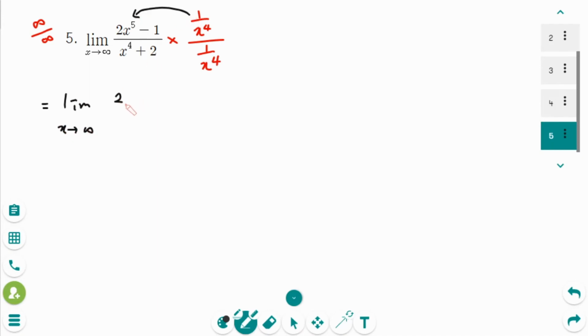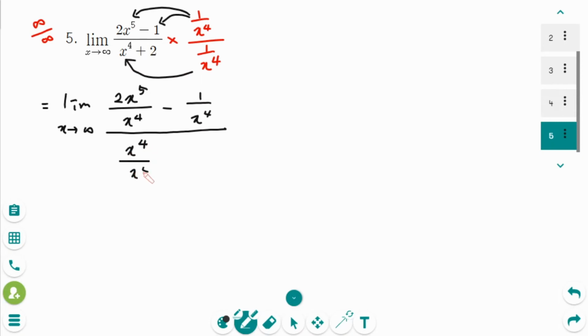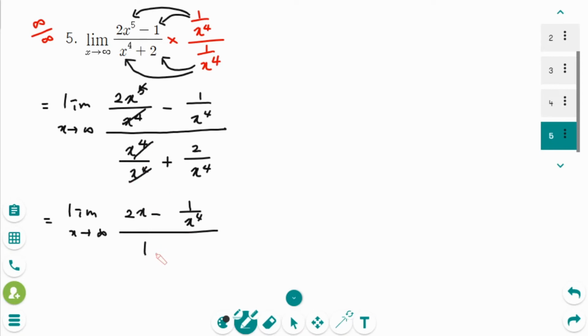So this is first one, second one, over plus 2x minus 1 over x to the power of 4 over, this is the 1 plus 2 over x to the power of 4, like this.